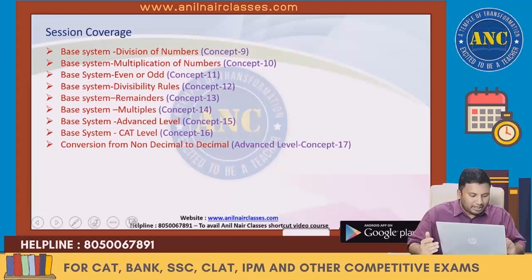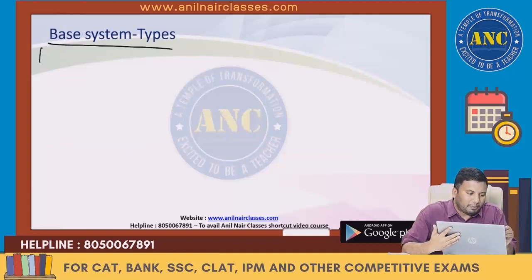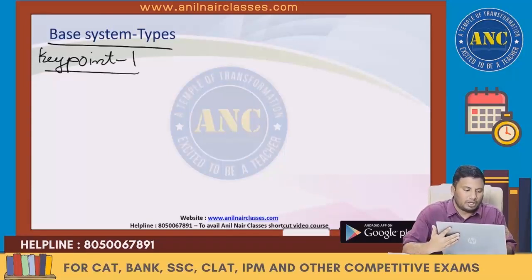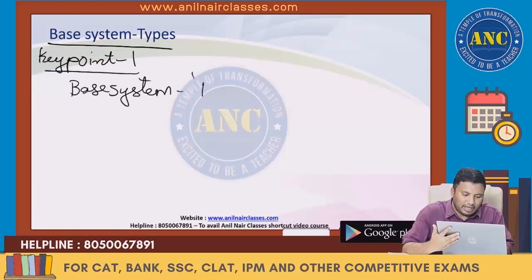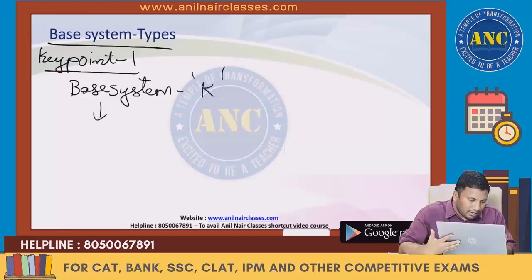I hope everybody took it. Now, base system types. Key point 1. First, write down this key point 1. If I take any base system K, K could be any numerical value, there will be digits from 0 to K minus 1.